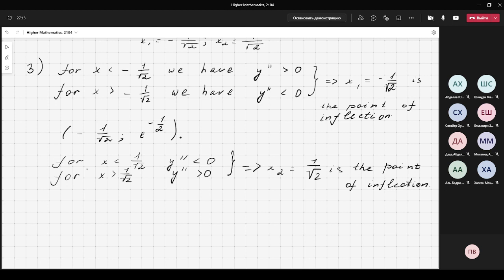Its coordinates are 1 over square root of 2 and e to the power of minus 1 over 2.